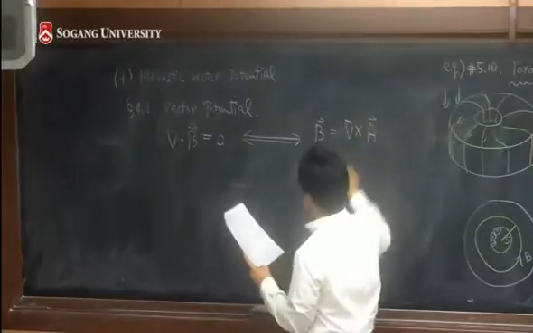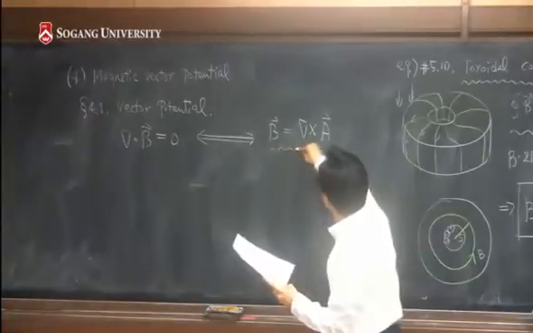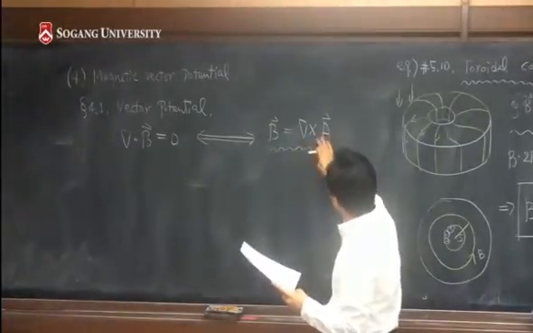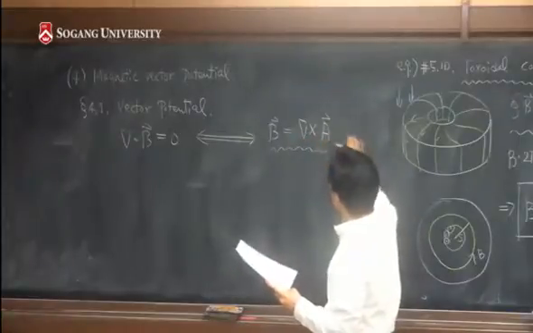Okay? And the reason is that the divergence of the curl of a certain vector will be all the time 0.